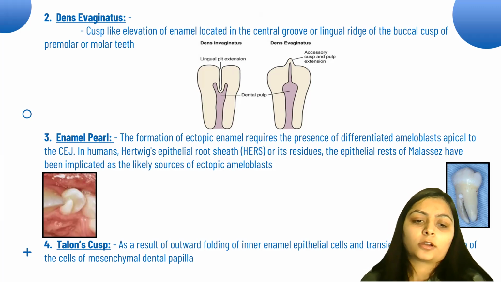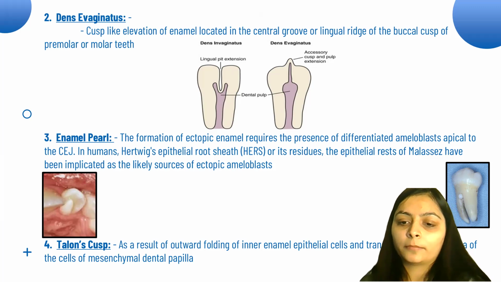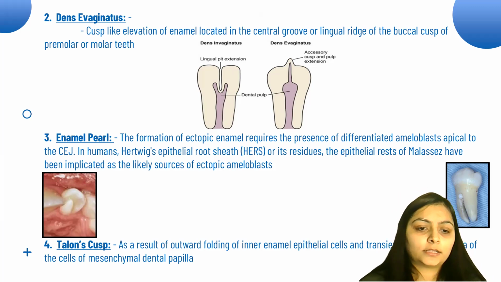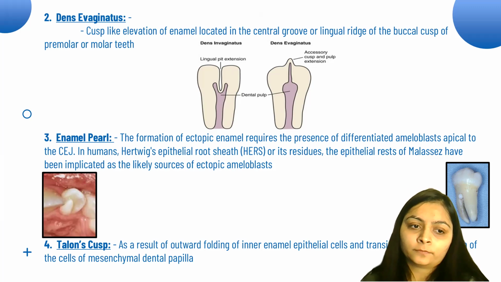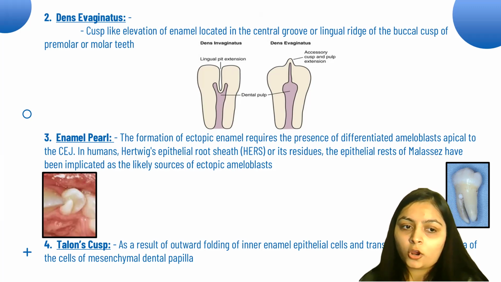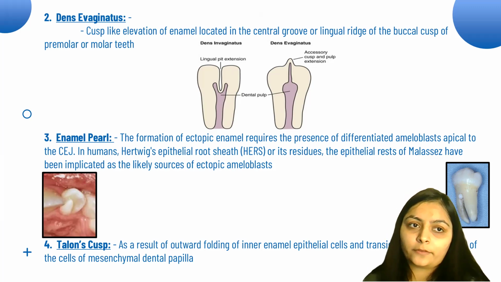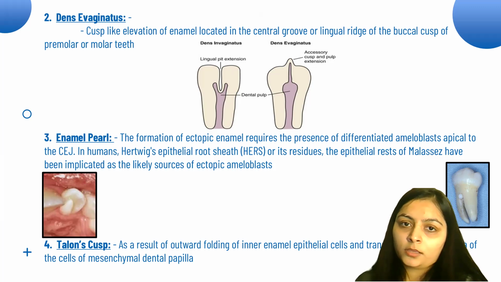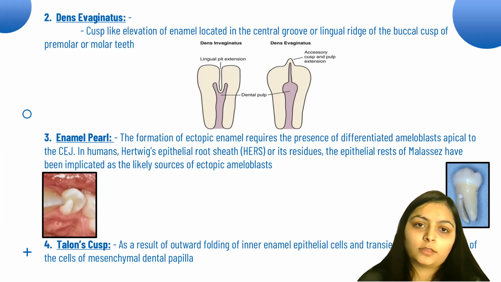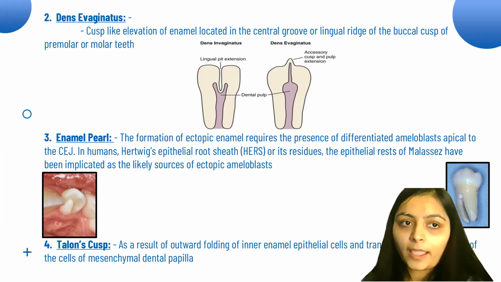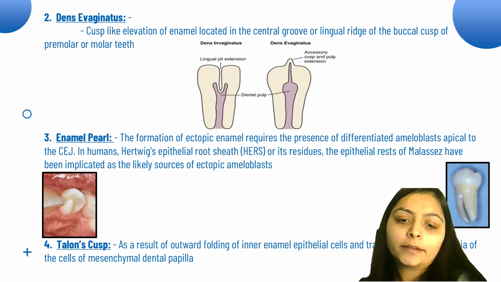Then followed by talon cusp, which is a result of outward folding of the inner enamel epithelium and transition of the cells of the mesenchymal papilla, like this cusp-like structure on the lingual surface of anterior teeth. It's more similar to dens evaginatus. The only difference is that there is an elevation of enamel, and here it is the outer folding of the inner enamel epithelial cells.